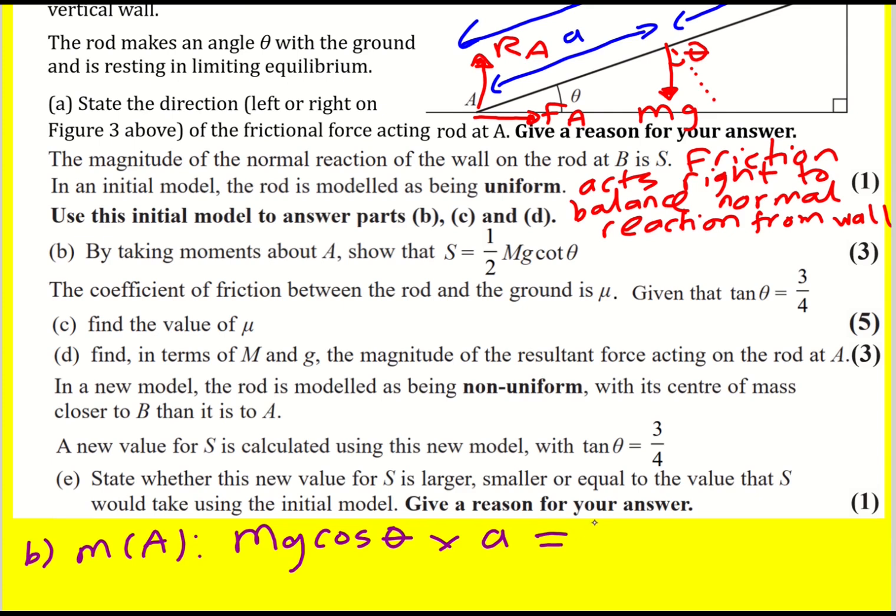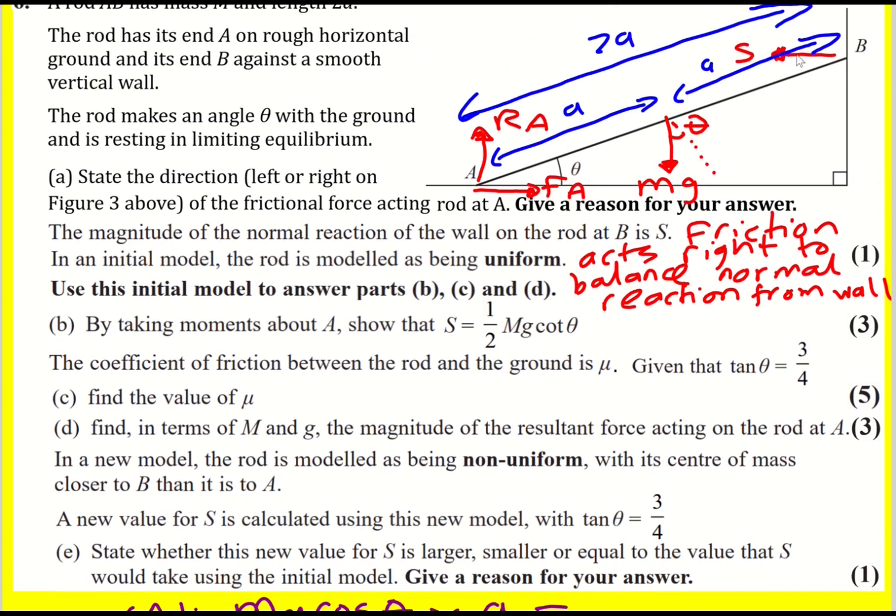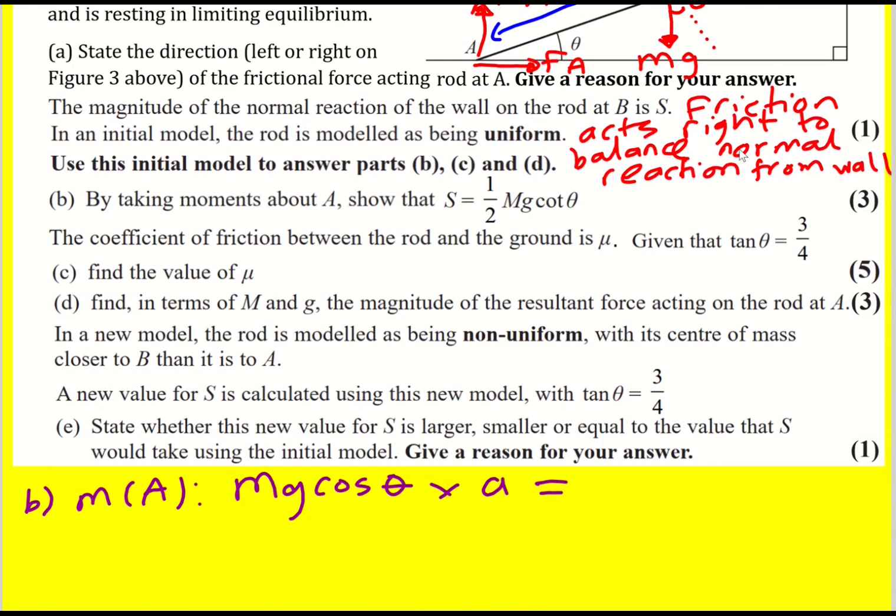And that must equal the anticlockwise moment coming from S. Now I didn't add that on, but this is also theta because you can see alternate angles here, or Z angles. So the component of S perpendicular to the rod would be adjacent to the angle, so it's going to be S sine theta, and then I'm multiplying by 2a.